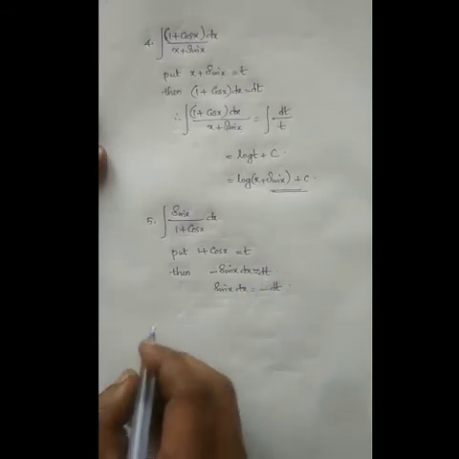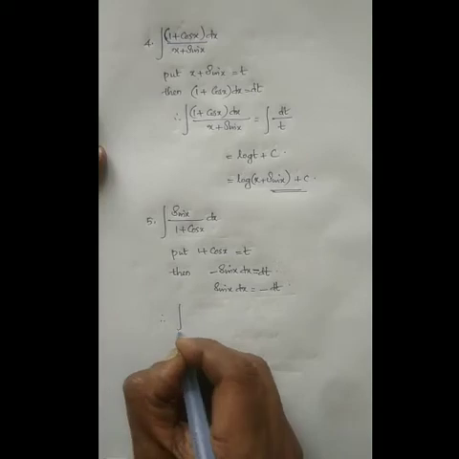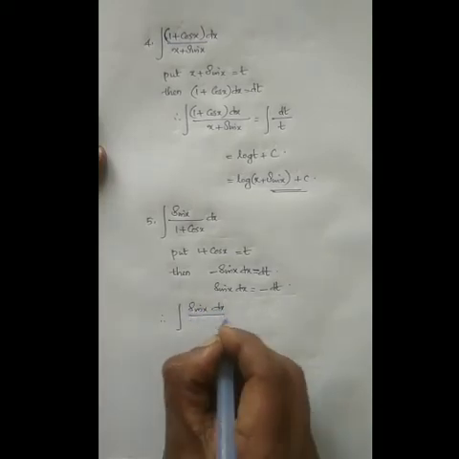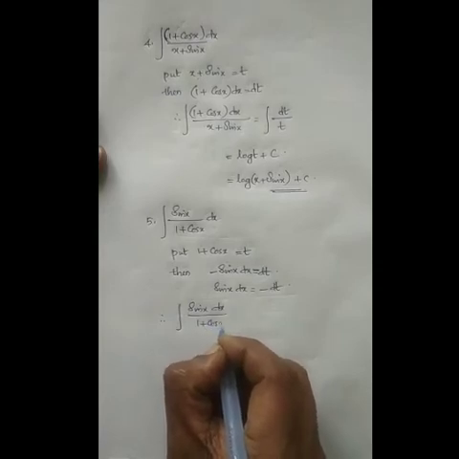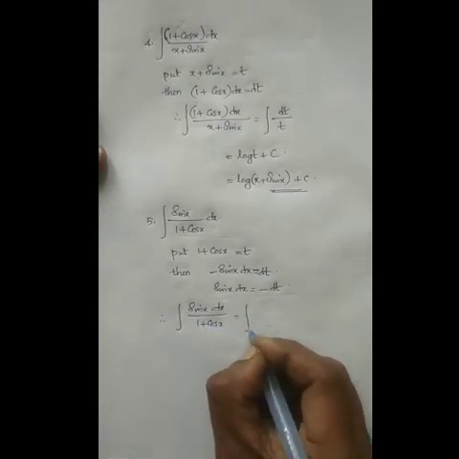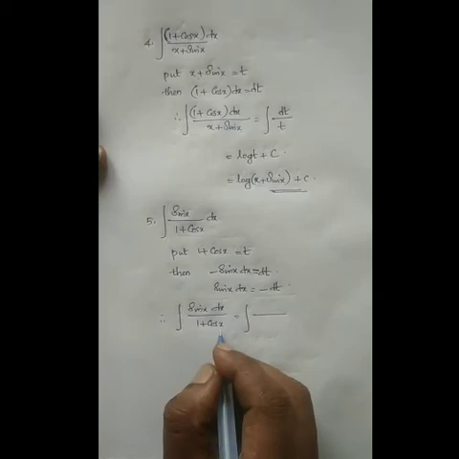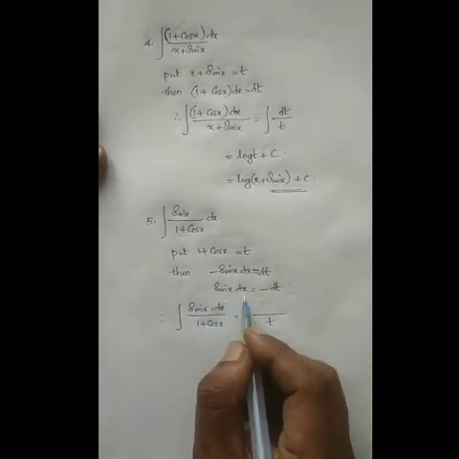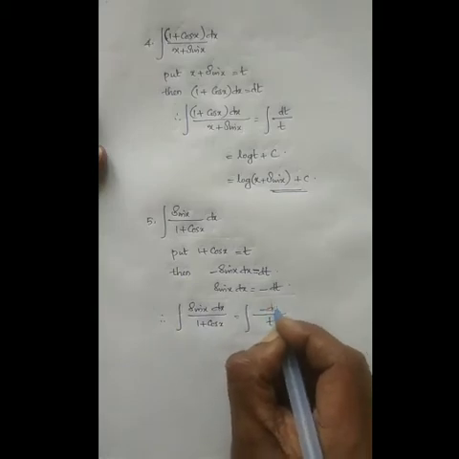Therefore, integral of sin x dx divided by (1 plus cos x) becomes integral of, 1 plus cos x is t, and the numerator sin x into dx can be written as minus dt.